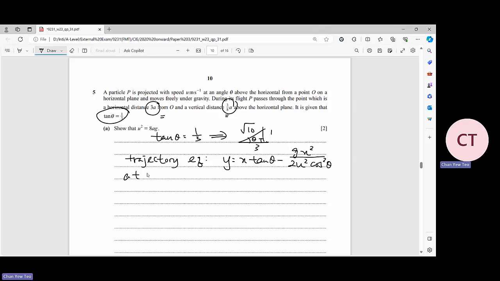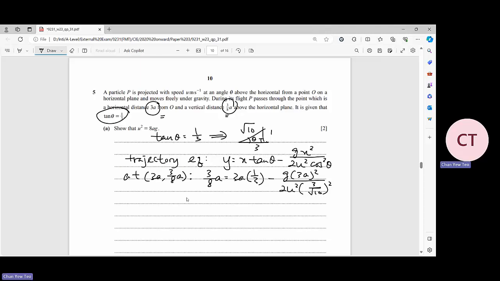Then at the point 3a, 3 over 8a, you will have 3 over 8a equals 3a tan theta minus g, x is 3a, divided by 2u squared, cos theta is 3 over root 10.